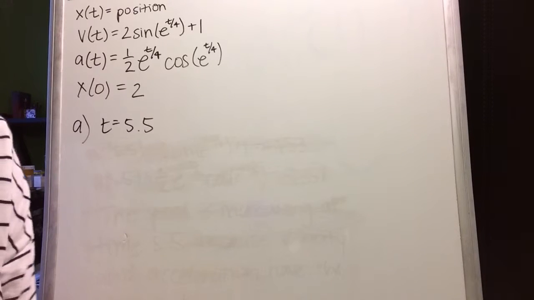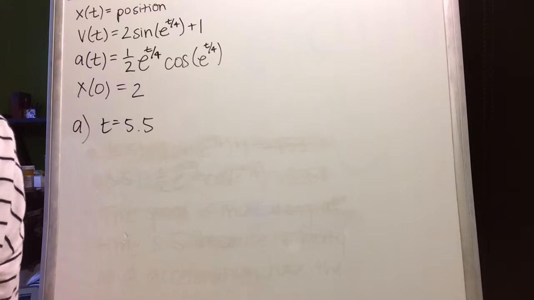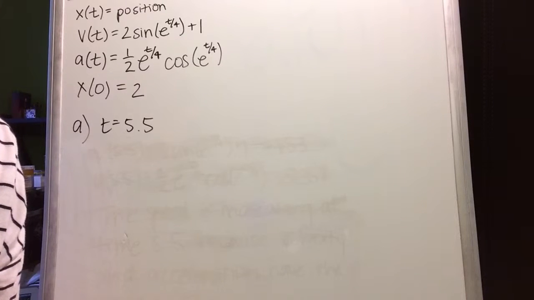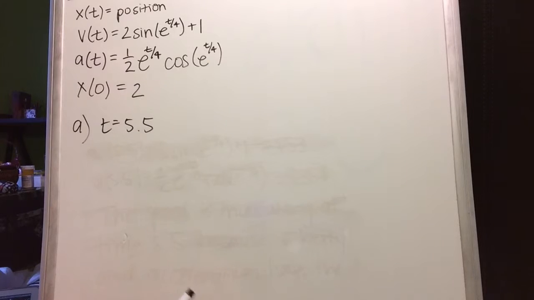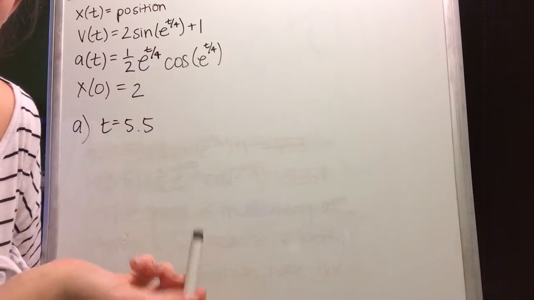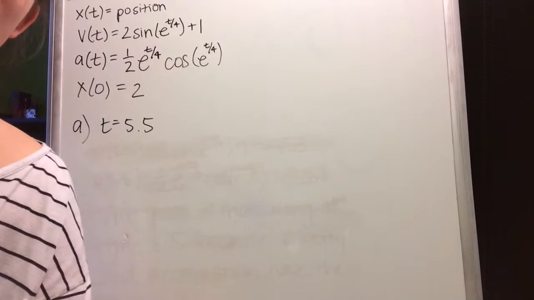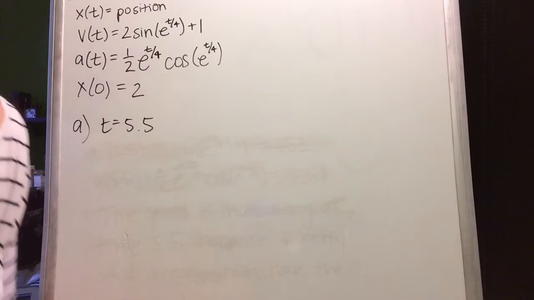And they also give you acceleration, which is a of t equals 1 half e to the t over 4 times cosine of e to the t over 4. And lastly, they give you x of 0 equals 2, which is your starting position. And that's important to know for later on.